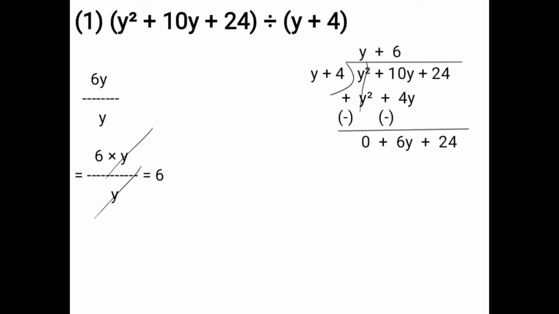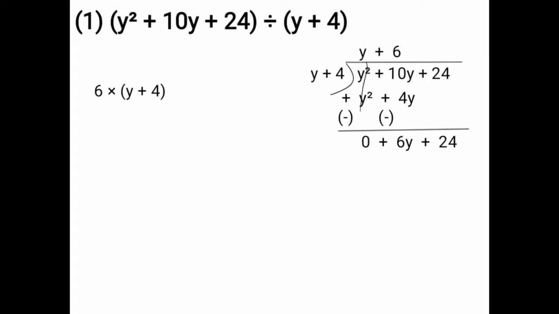Now plus 6 you have to write in multiplication form with y plus 4. The first term which you divided by the variable y, and the quotient which you got, you wrote in multiplication form y into y plus 4. Now the second quotient which you got is 6. Now this 6 you have to write in multiplication form with y plus 4, that is a into b plus c form. 6 into y plus 4.